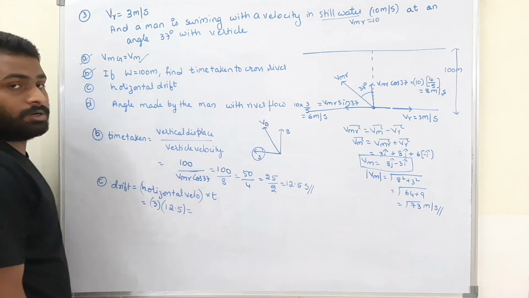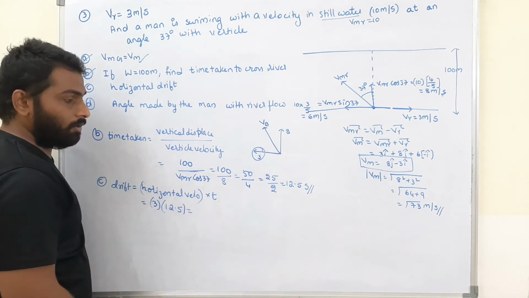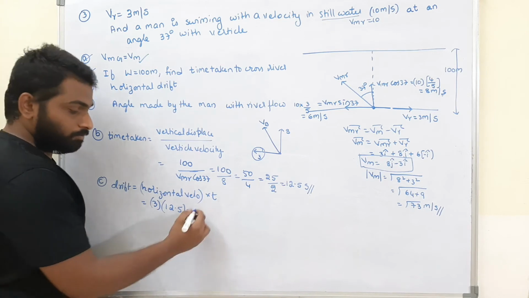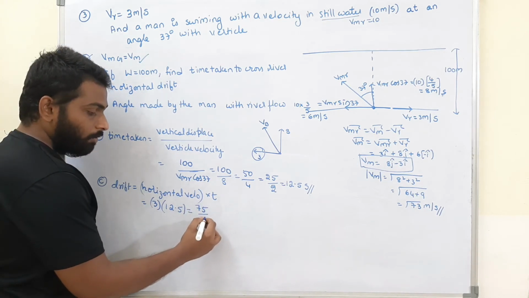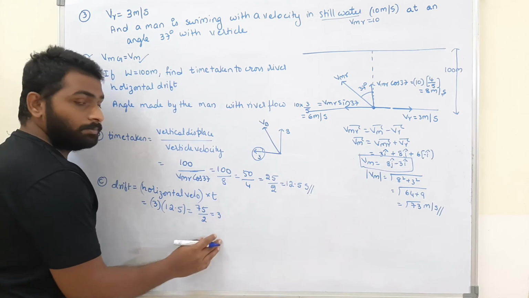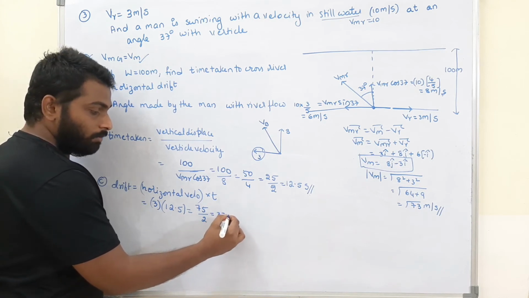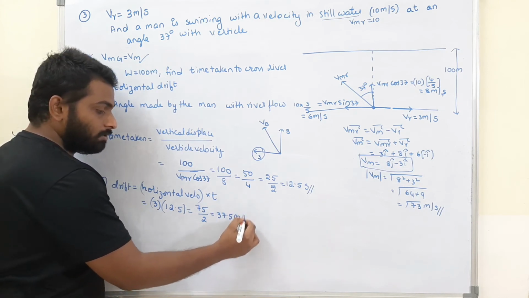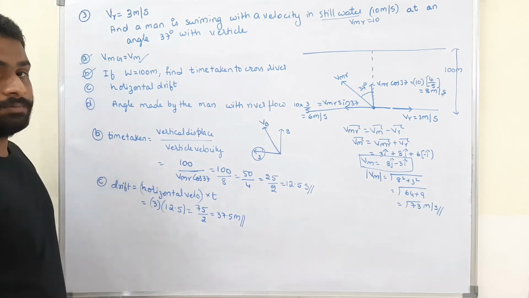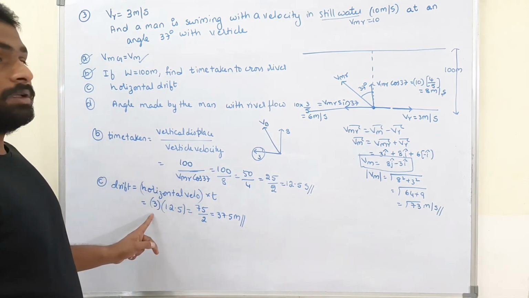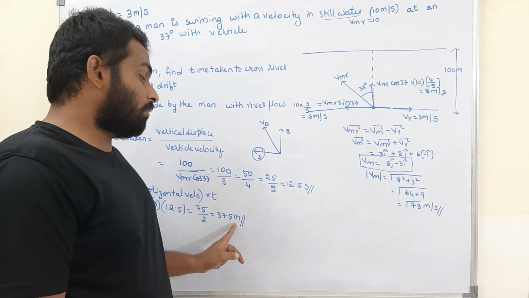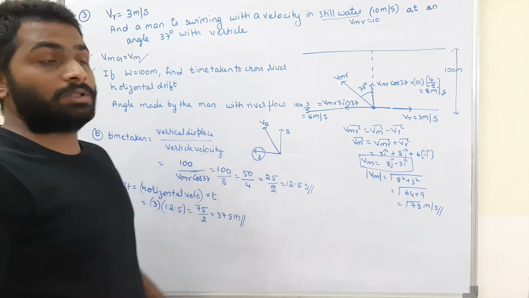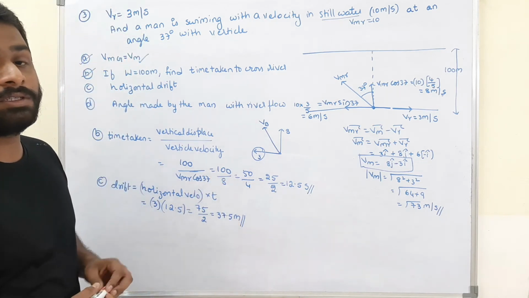Therefore, what is the horizontal drift? 3 into 12.5, which is 37.5 meters. That is the drift. That means this is where the man will reach.